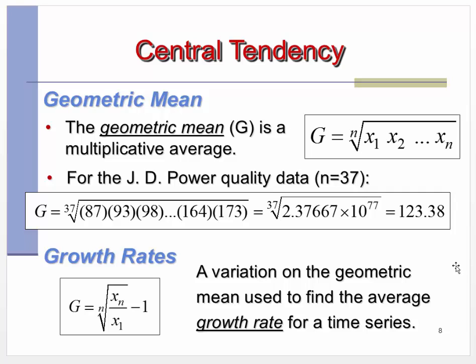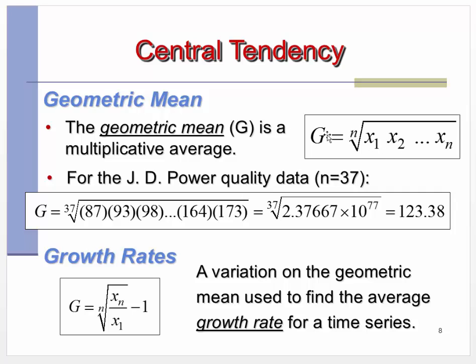Sometimes we do not use the arithmetic mean. The mean we normally use is called the arithmetic mean, but sometimes we use the geometric mean. The geometric mean, or G, is the multiplicative average. Basically, instead of adding them all together and dividing by the total number of observations, we multiply them, x1 times x2 times x3 all the way to xn, and then we find the nth root.